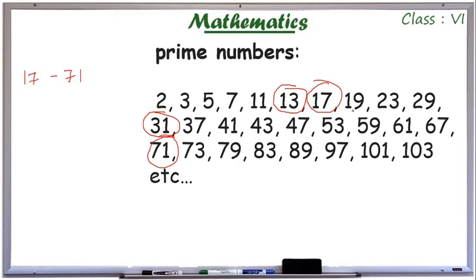For 19, 91 is not there, as it is not prime. Let us check for other pairs: 37 and 73, only 3 and 7 are used.